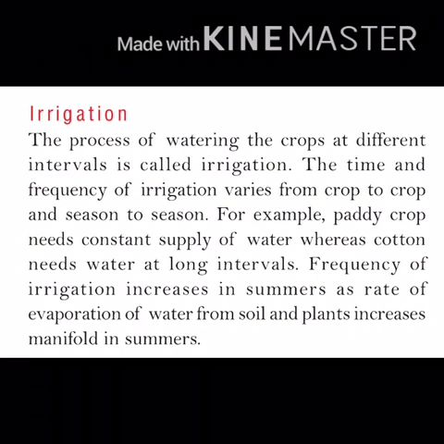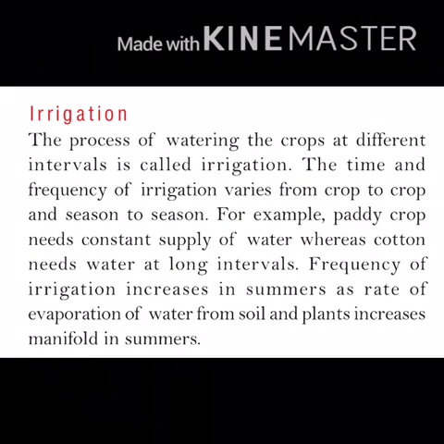In summers, crops need more water, and in winters they need less water, or in the rainy season they need no irrigation. An example is given: paddy crops need a constant supply of water, whereas cotton needs it at long intervals. Paddy crop means rice, they need a continuous supply of water, and cotton needs water after a long time.